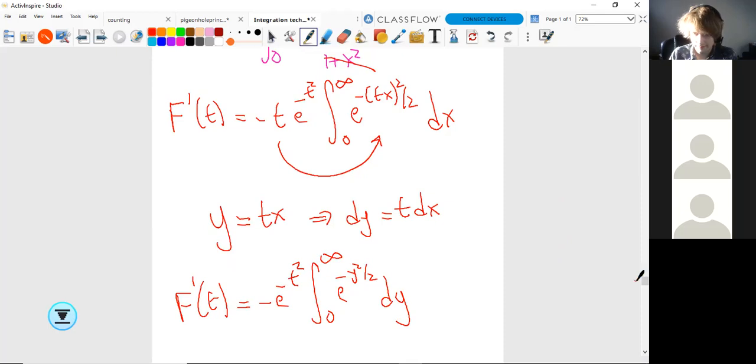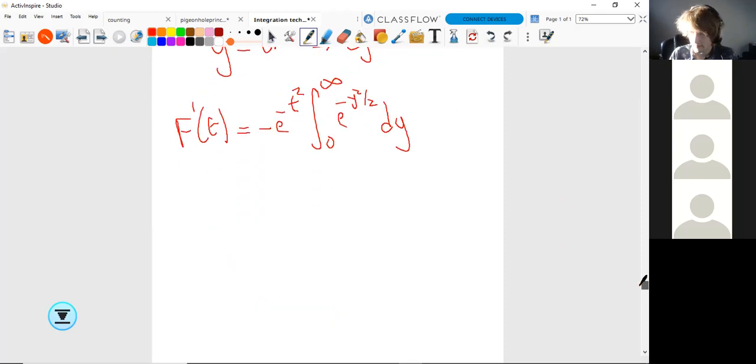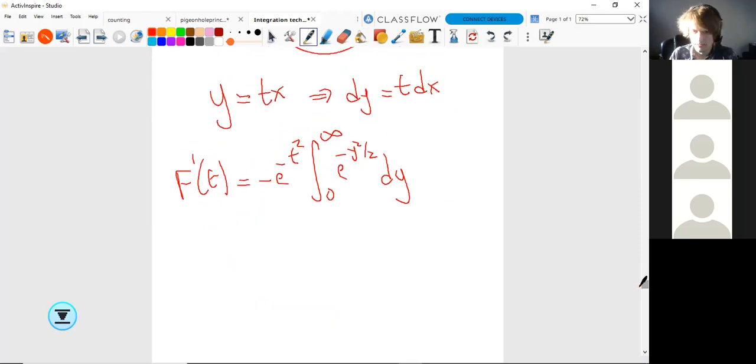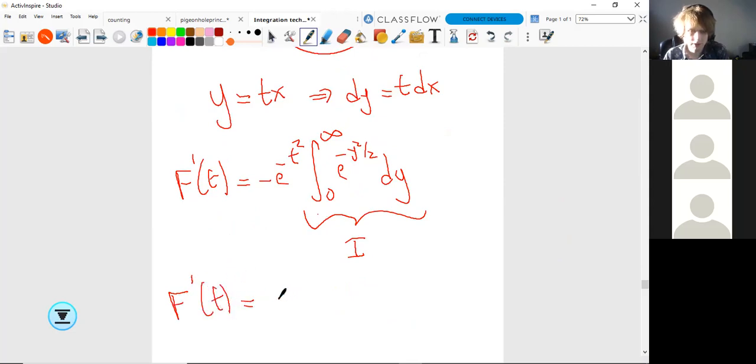And can we integrate this thing? That is the integral that we're trying to compute, right? Let's call it I. So we get f prime of t is equal to, and it's also independent of t is one thing that you should notice.